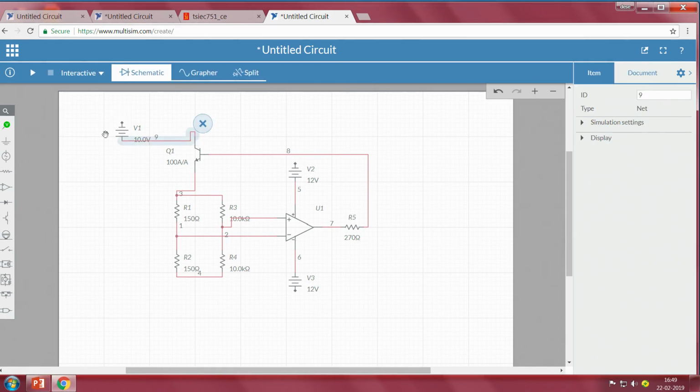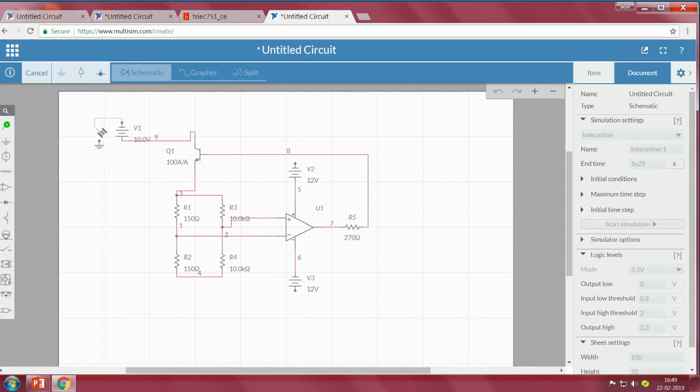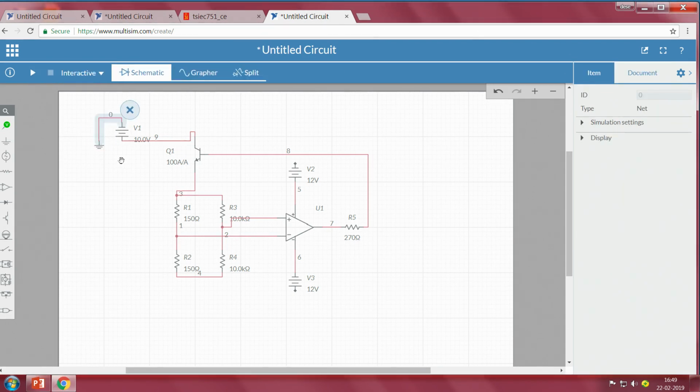And the other end goes to the ground. So I choose the ground icon here and then establish a connection between the other end of the source and the ground.